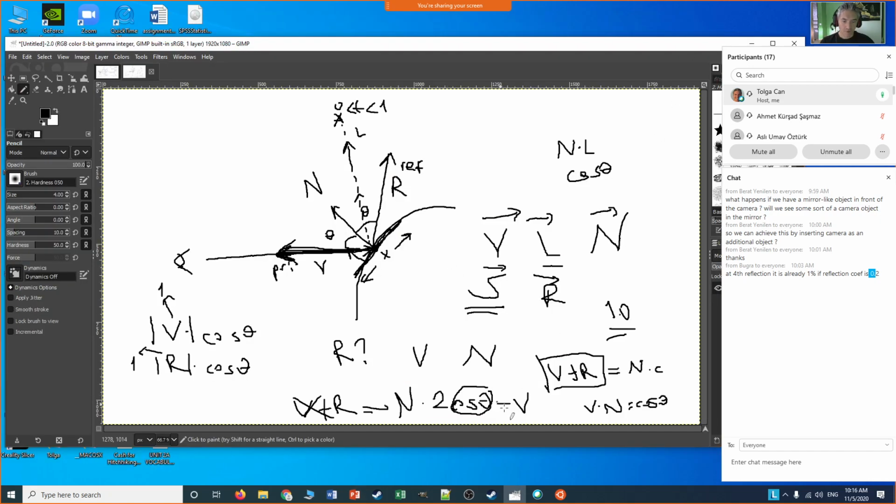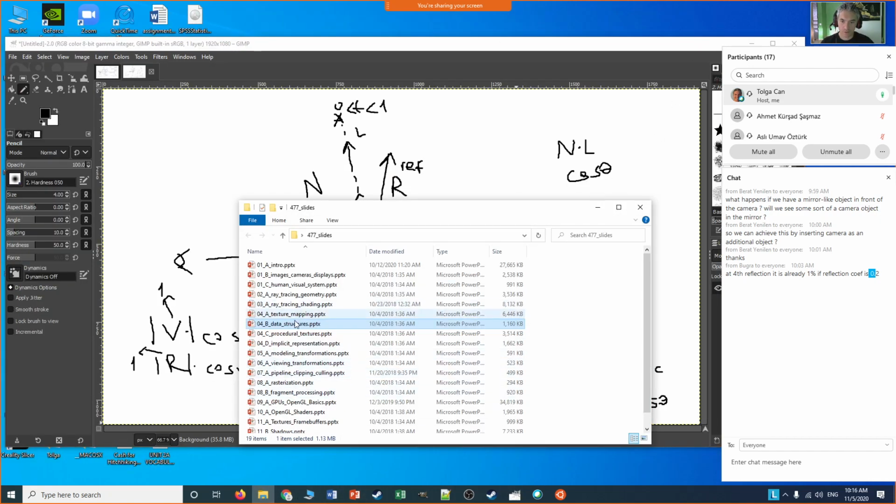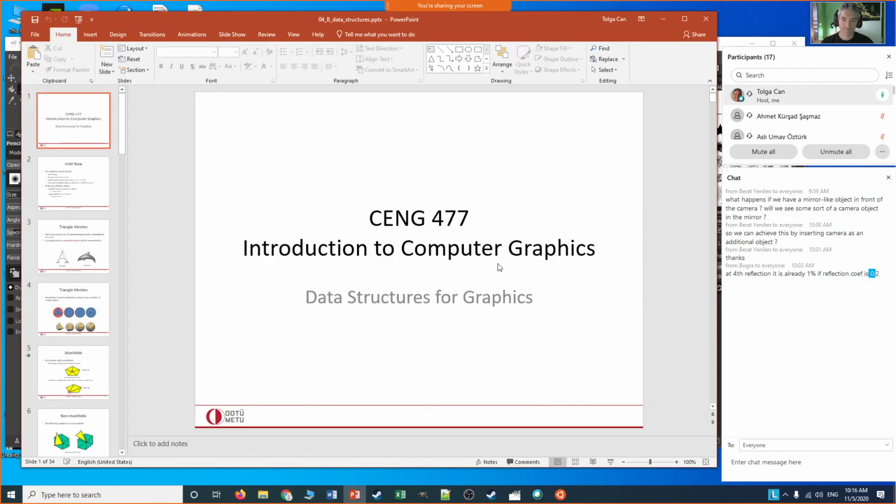All right, so I'm going to then move over to the new set of slides. There are no questions, so this is data structures for graphics. And here we are going to see how we can represent our triangular meshes in a good data structure to allow for efficient query of faces, triangles associated with that. As faces, we will have triangles, or edges associated with those triangles, getting to the neighbors of a given face easily, finding the incident faces of a vertex easily.